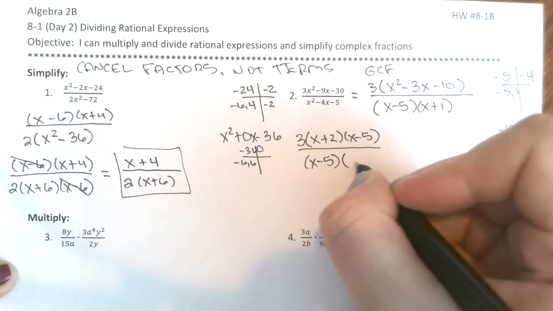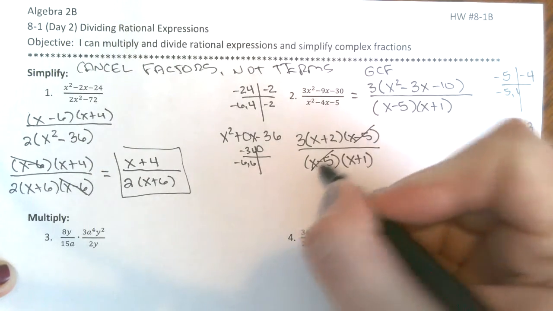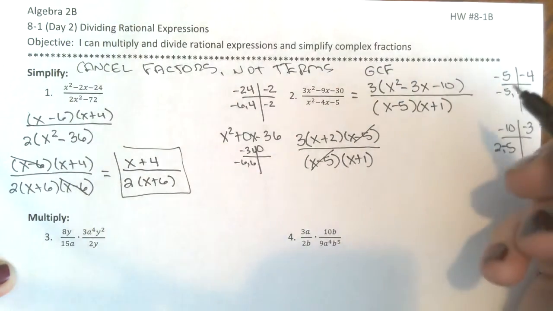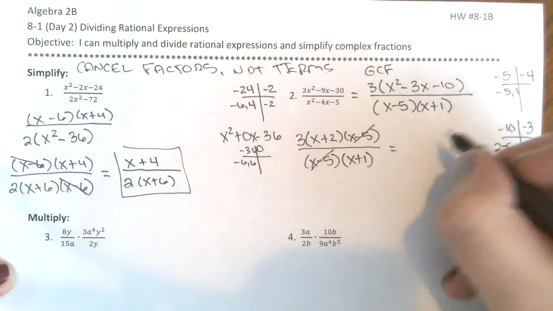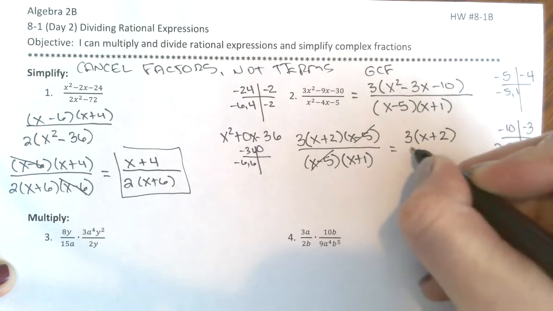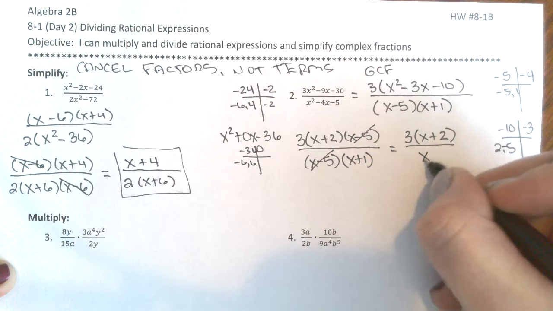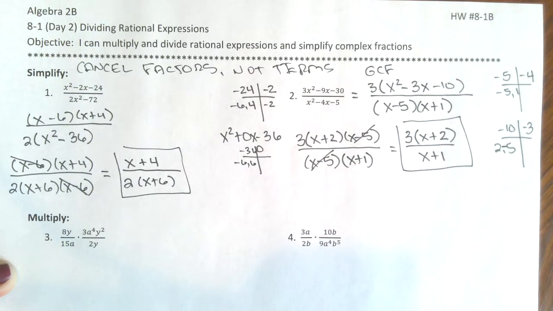The denominator I'm going to rewrite as x minus 5 and x plus 1. My x minus 5s cancel each other out. I don't have any other common factors in the numerator and denominator. So my final answer is 3 times x plus 2 over x plus 1. Good final answer there.